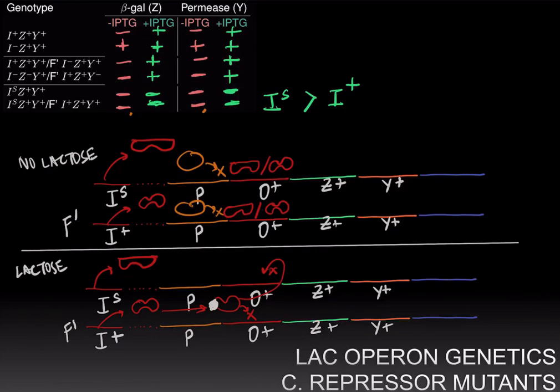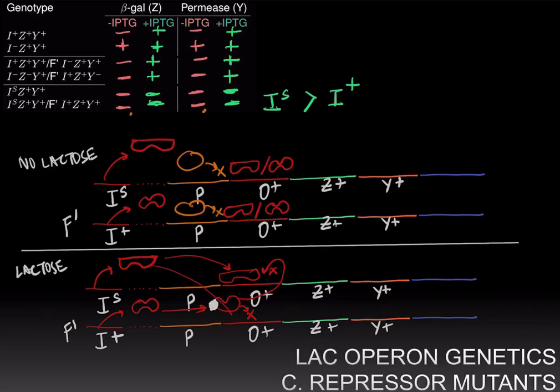However, the super repressor does not go through an allosteric transition because the mutation has caused it to lose the ability to bind IPTG or allolactose.